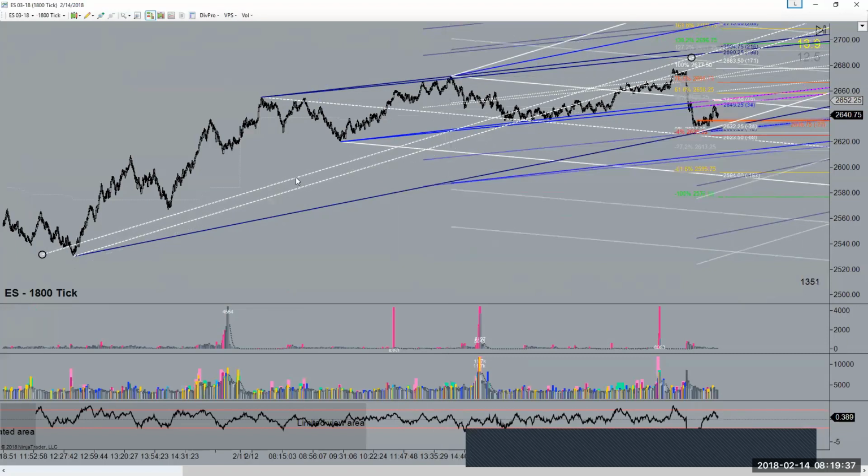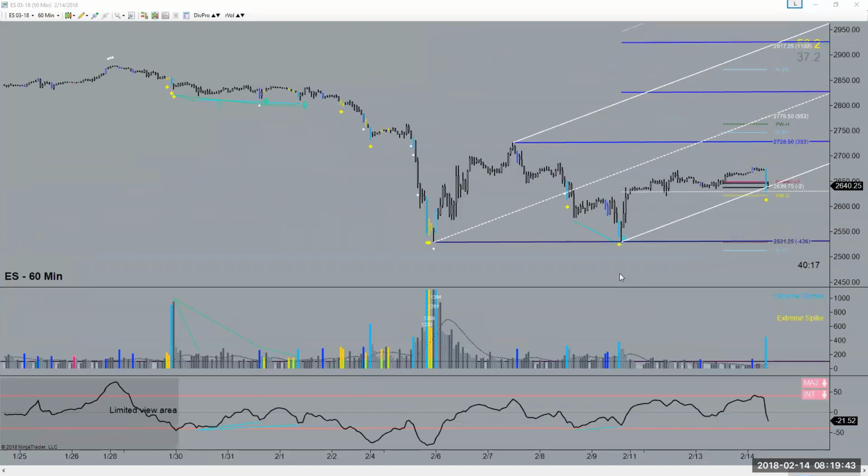If you go high to high, I'll post my 60-minute chart here in a second. Turned up from right here as well, where the midline intersects that upsloping lower median line. It's a decent looking spot.